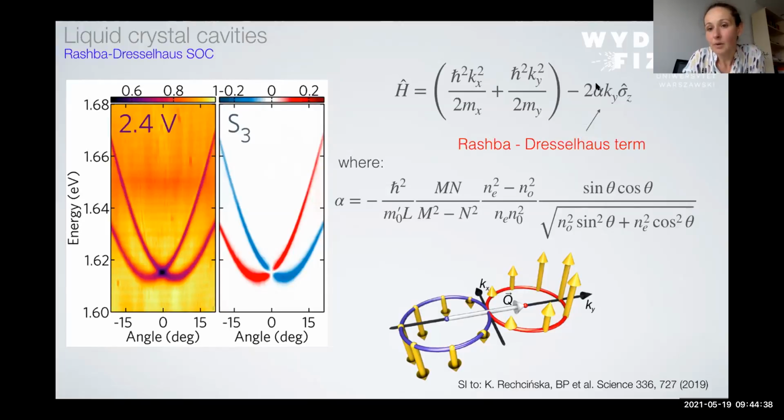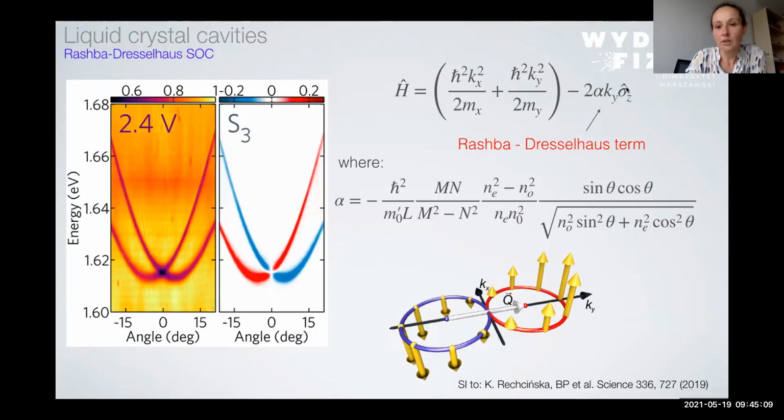But now this parameter alpha is fully described by the birefringence of our material. So this is the mode number, the extraordinary refractive index and ordinary refractive index, and the rotation of the molecules. Now if we plot how the synthetic magnetic field will look like, it will just give us this sigma Z component.